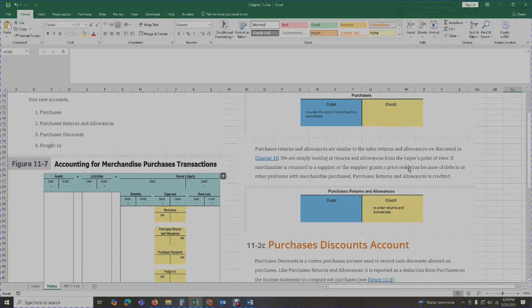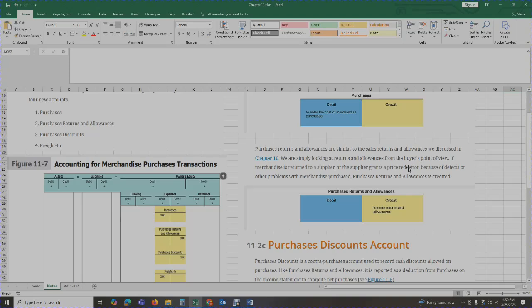Now, you have an account called purchases, returns, and allowances. This is if you return anything back, okay? So purchases, returns, and allowances is very similar to the sales, returns, and allowances account that we learned in Chapter 10, okay? We're looking at returns and allowances from the buyer's point of view, okay?